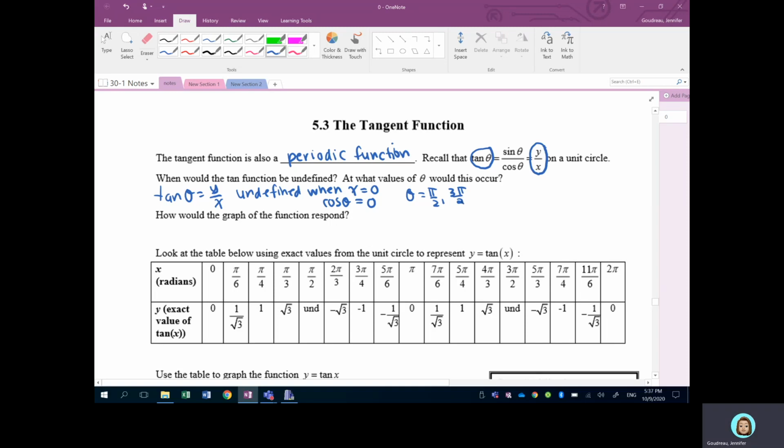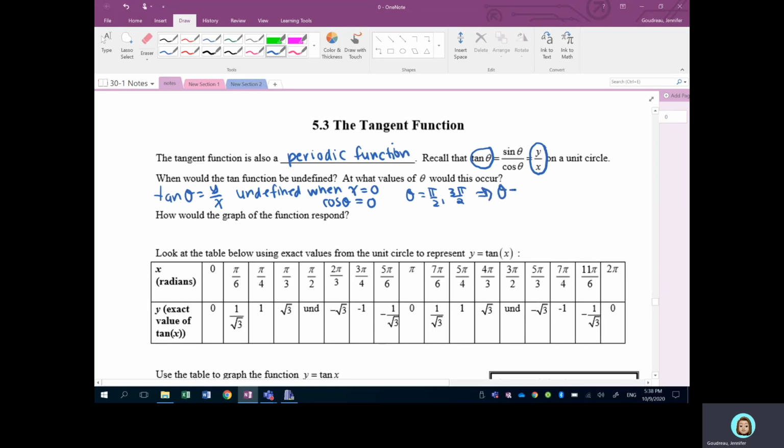But we could go around the circle multiple times. So anytime we hit a pi over 2, that's going to be where tangent is undefined because x is always 0 on that vertical axis. So I can't just list it as pi over 2 and 3 pi over 2. We have to make a general statement.